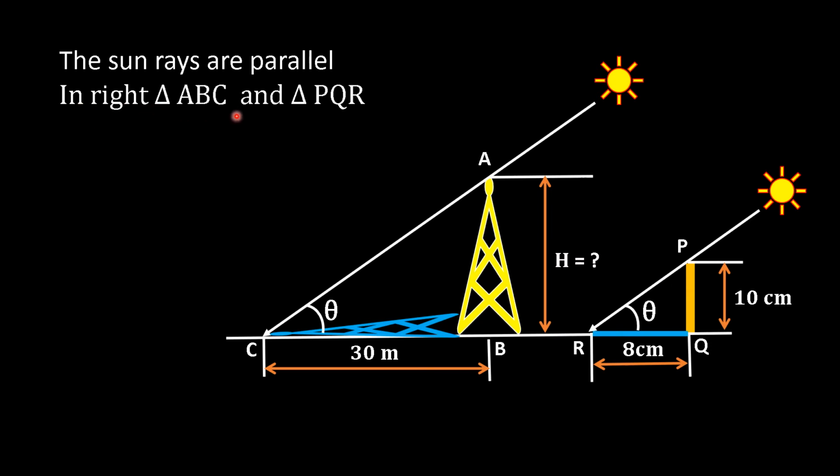In right triangle ABC and triangle PQR, angle C equals angle R equals theta, say.